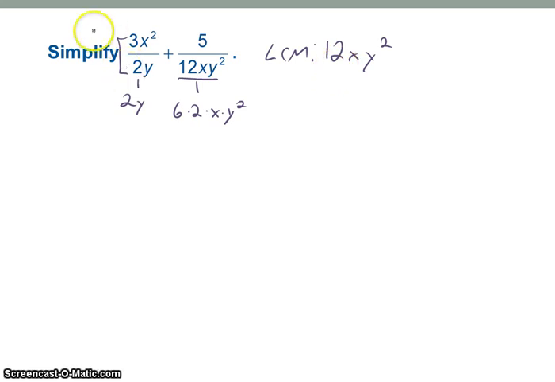So I'm missing a 6, I'm missing an x, and I'm missing 1 y. So I'm going to multiply that in my numerator and denominator. So 3 times 6 is 18. X squared times x is x to the third. And then I just have y that's extra. And then when I multiply my 6xy, I should end up with my LCM, which I do.